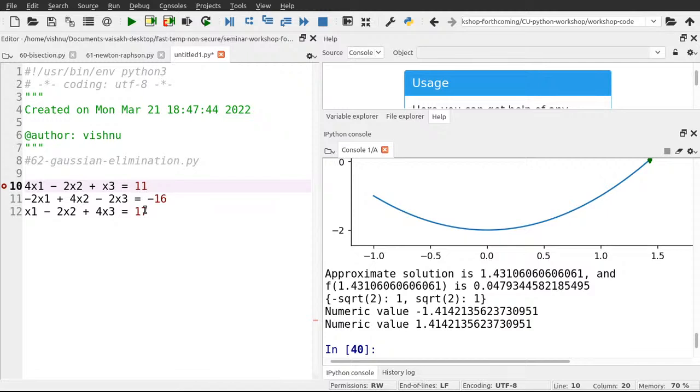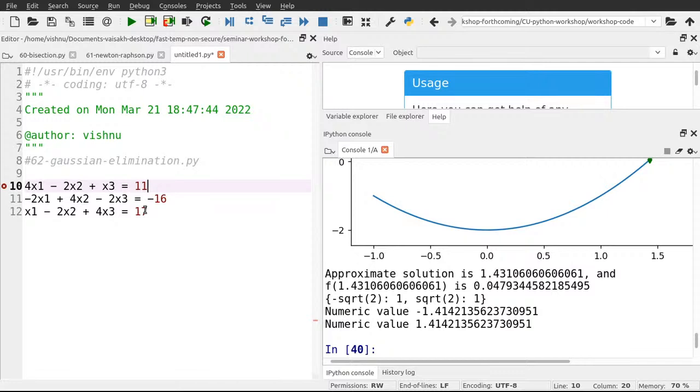We bring that equation to the top by interchanging the equations, interchanging the rows essentially. After interchanging the rows, we will try to convert the coefficients of the two equations below the top equation in such a way that the x1 coefficient is 0. So the coefficient of x1 will be non-zero only for the first equation.